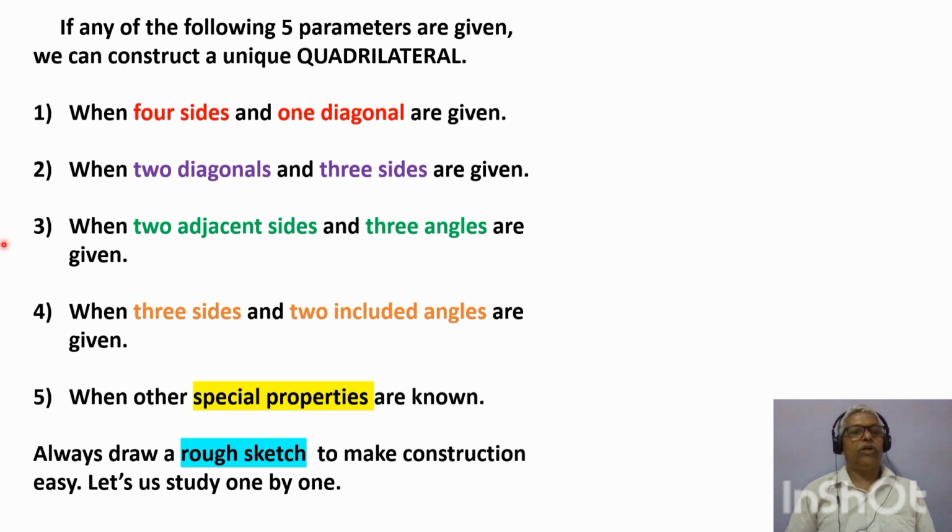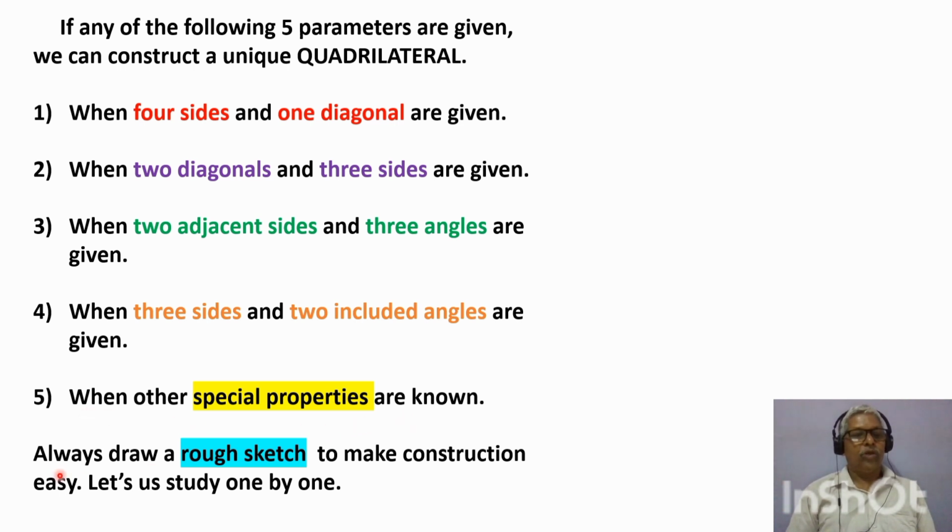Third one, two adjacent sides and three angles are given, not any sides, so adjacent sides. Fourth one, when three sides and two included angles are given, that means not inside, we will see all of them in detail. And the fifth one is when other special properties are known.